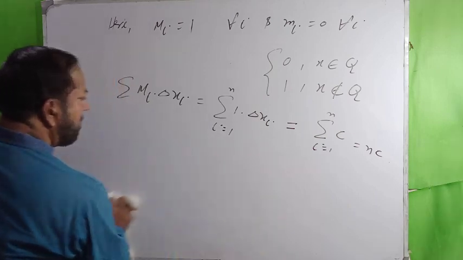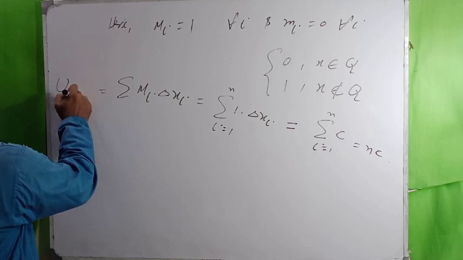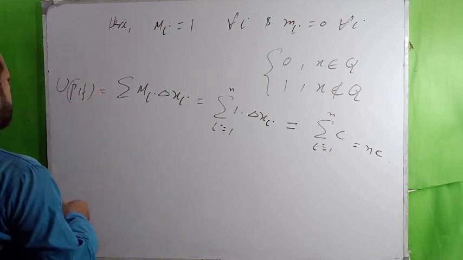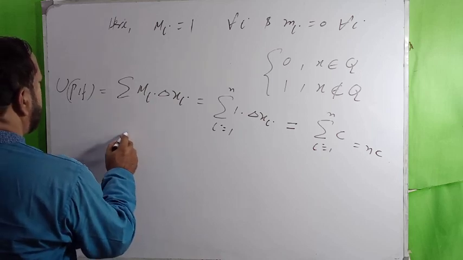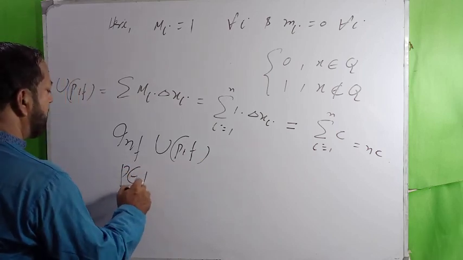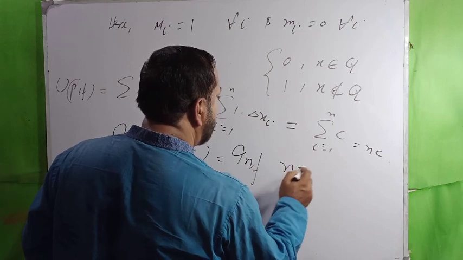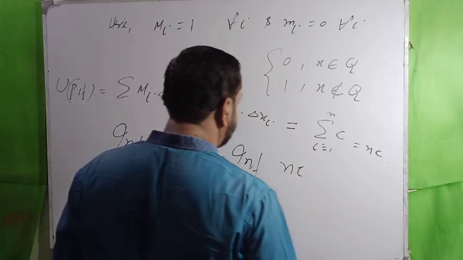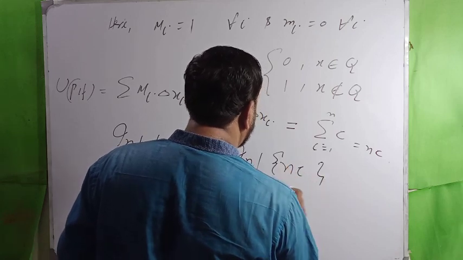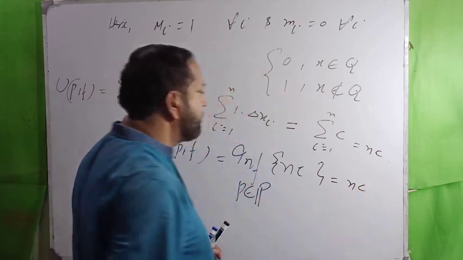So this is in fact U(P,f), and if I want to find the infimum of U(P,f), P belonging to the set of partitions, this is in fact the infimum of nc, a constant number, right? You know n and c both are constant. So this must be equal to nc, right?